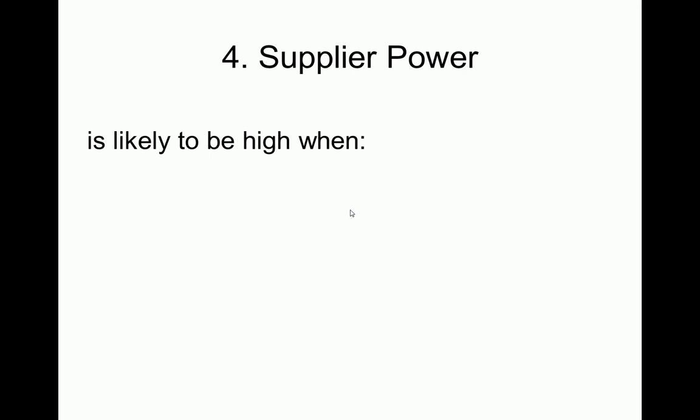The next force to consider is the power of suppliers. One thing you must bear in mind is that suppliers and buyers in the 5 forces framework are completely separate. And what goes on under supplier power is completely separate to buying power.